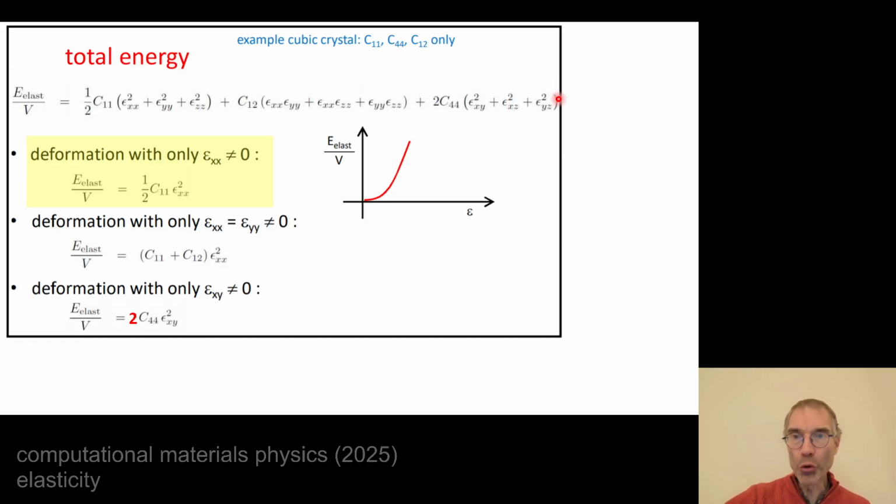And if we now on top of that play with the deformations, and we do deformations where only, say, the epsilon xx is different from 0, then a lot disappears here, and we get this expression, which means if we calculate this energy and plot this as a function of epsilon xx, then you will see a parabola, a parabola with a coefficient from which we can determine the C11.